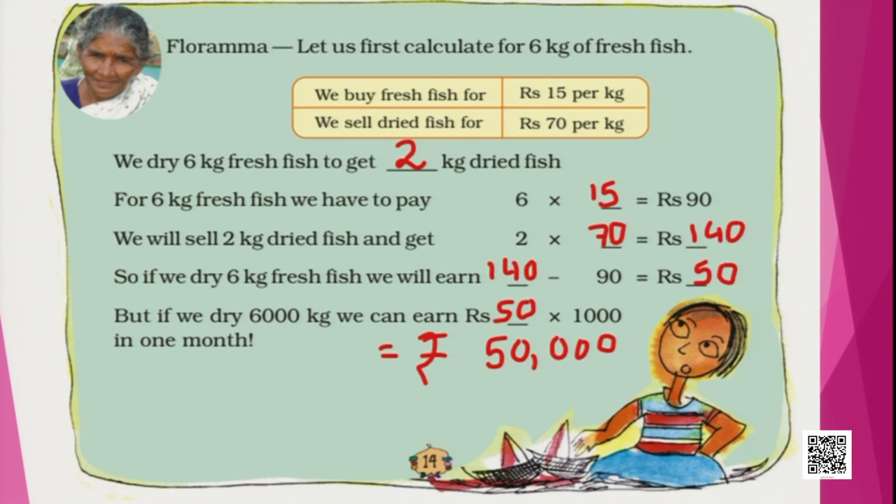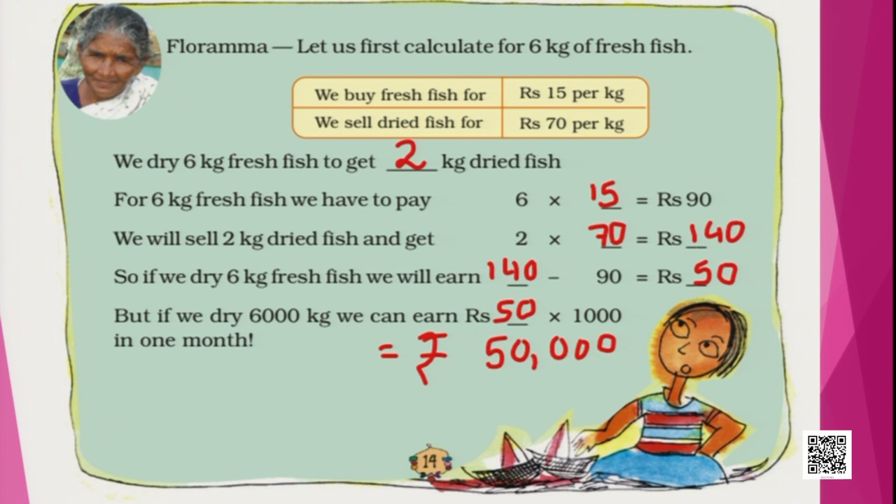And if we sell 2 kg dried fish, we can sell the dried fish for 70 rupees per kilo, so we can sell it at rupees 140. So if we dry 6 kg fresh fish, we will earn 140 minus 90, which is rupees 50.